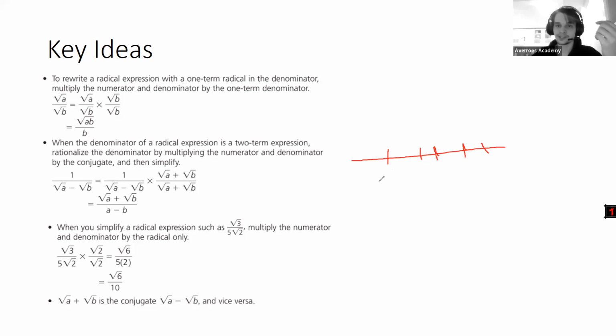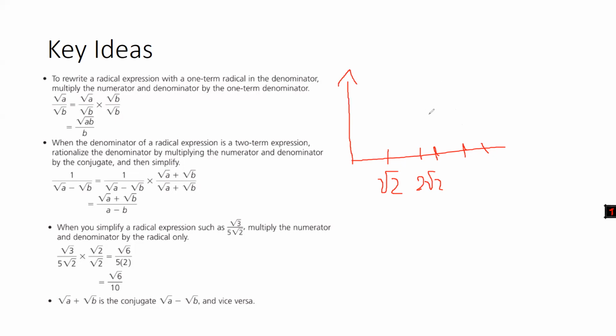Imagine if we would have a scale of root of 2, so the second one would be 2 root of 2, just for an instance. And you remember the equation for the slope? It's run over rise, or rise over run. It would be change in the y direction over change in the x direction.